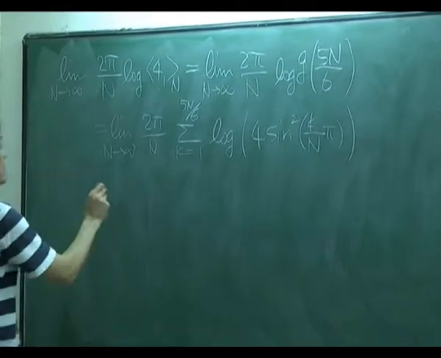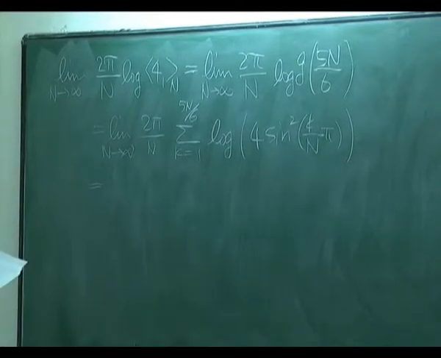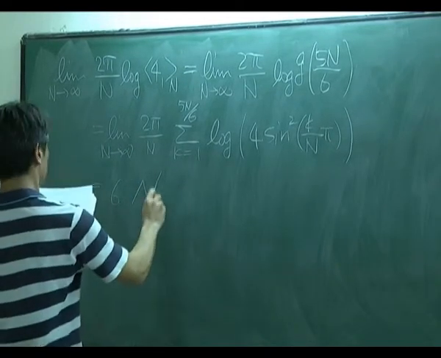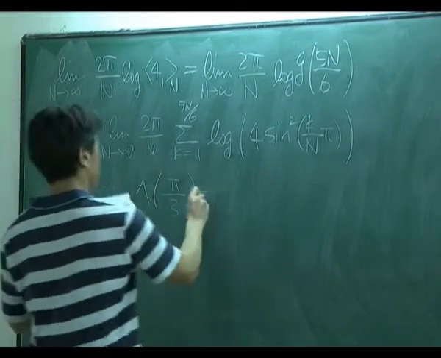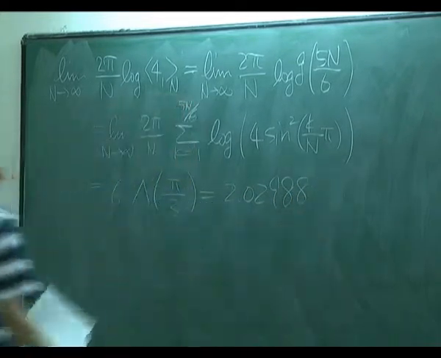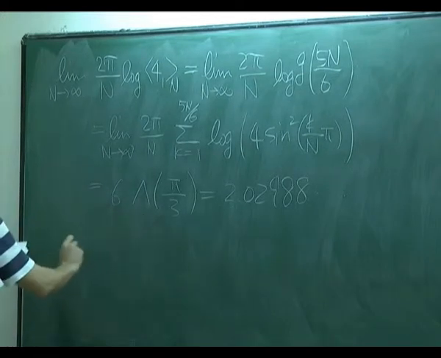And this is just from the definition of G, and then finally we obtain this one. Here, lambda is the Lobachevsky function.